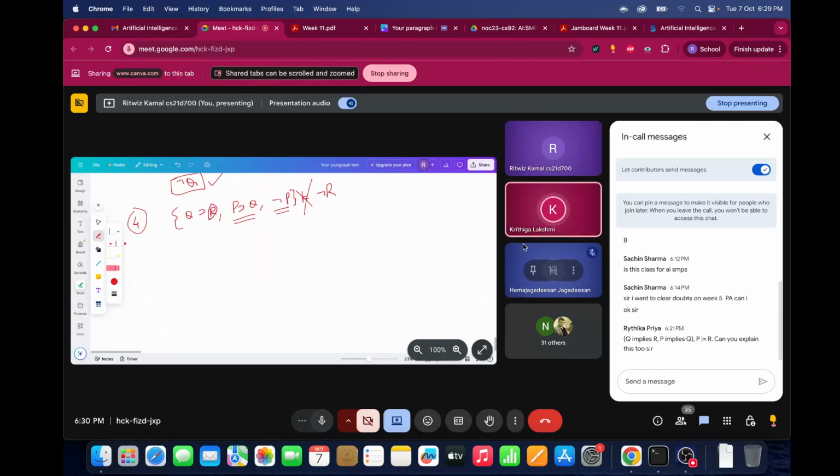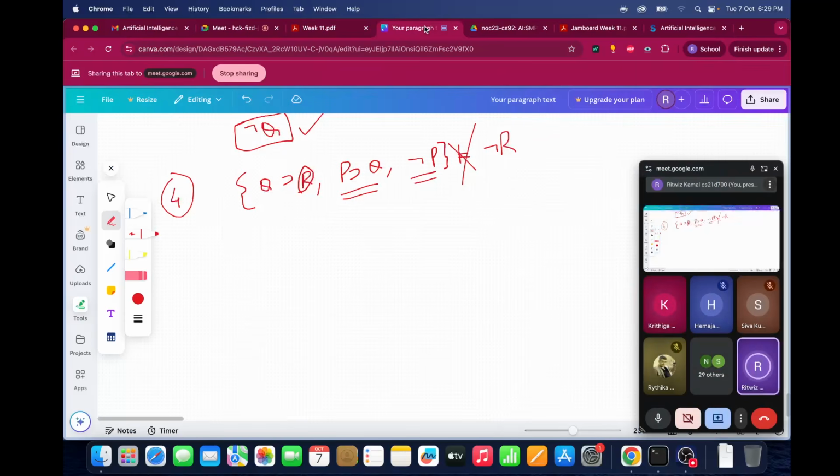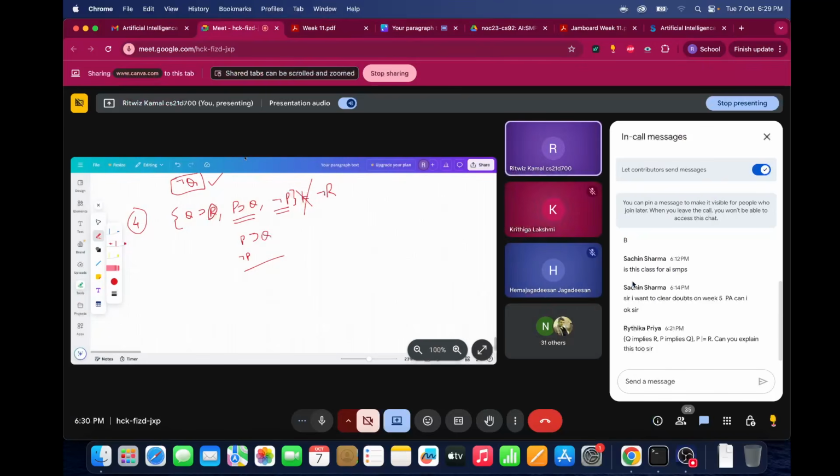Can you elaborate? Yeah, so like we discussed a while back, given P implies Q and not P, we cannot say for sure whether Q is true or not Q is true. Do you agree with that?